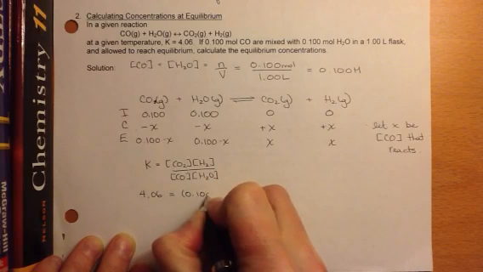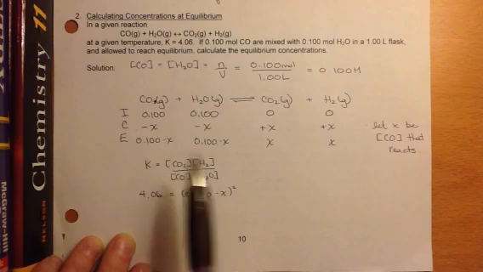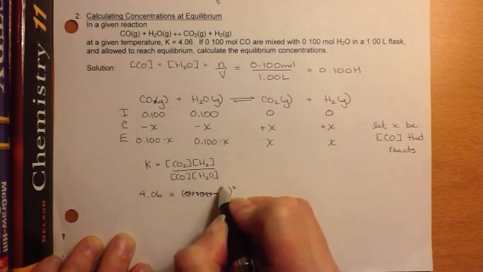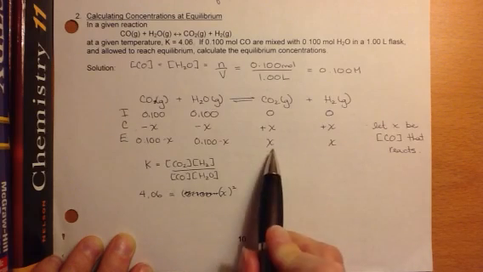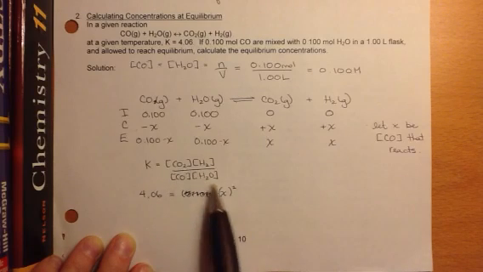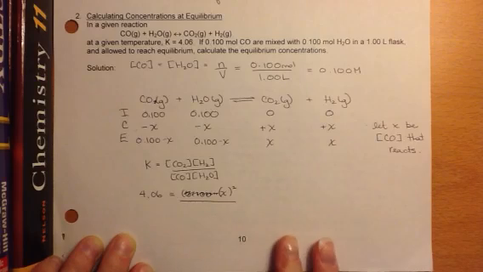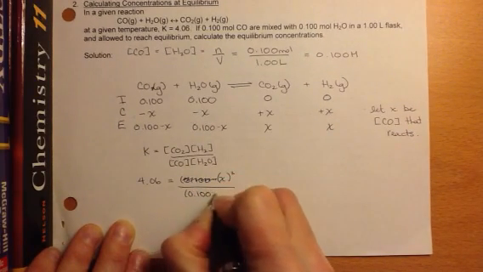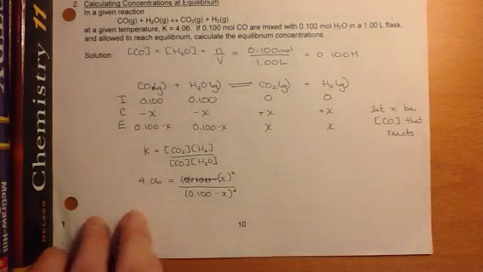Oh, excuse me, I should be putting my products over. So we're going to have X squared because we have X amount of the carbon dioxide and X amount of the hydrogen. We multiply them by each other, that's going to be the same as X squared. Our reactants are going to be 0.100 minus X, and because there are two of them, that's going to be the same as squaring it.